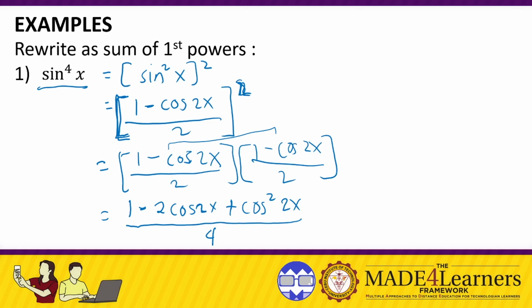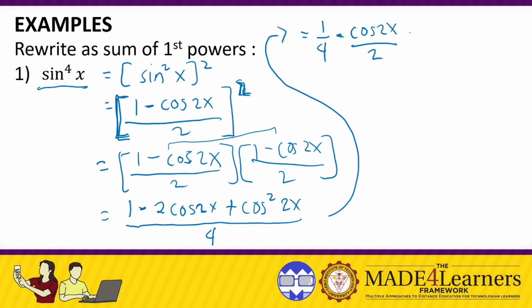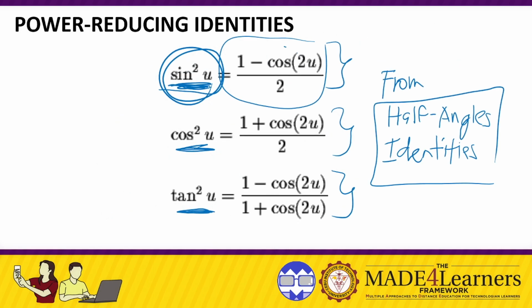So are we finished yet? We're not yet finished. We can simplify this further as 1/4 minus 2 divided by 4, so we have cos 2x over 2, plus cos squared 2x over 4. But take note, cos squared 2x, we can still apply the cos squared u identity.